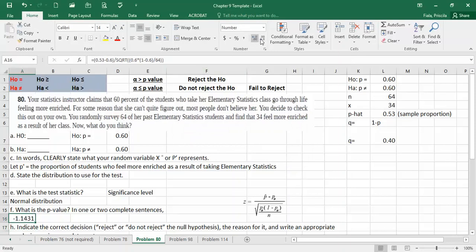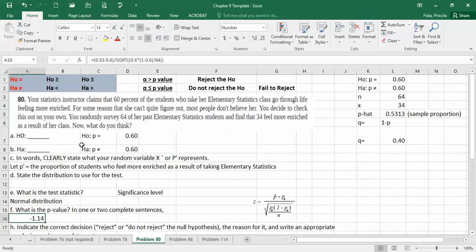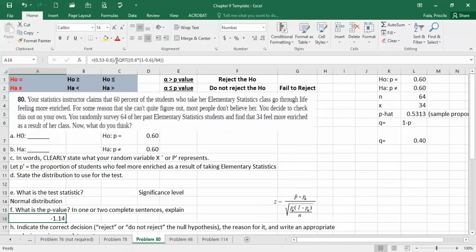And you should find something around minus 1.14. Since this is a two tails, just look at 1.14. If you put more digits here, and you have, let me make it bigger, see if I can make it bigger for you.